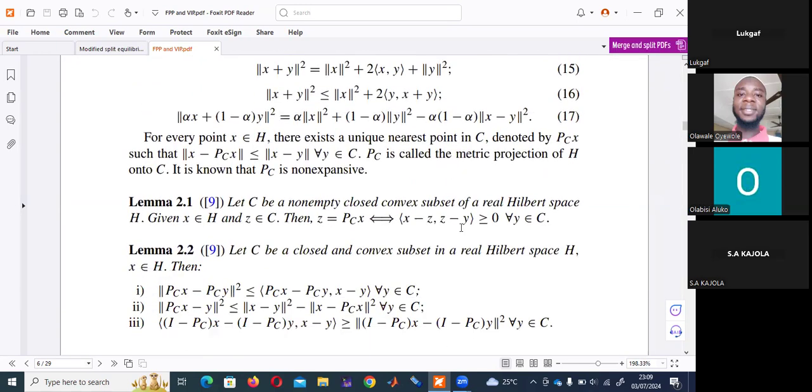So PCX minus PCY all squared is less than or equal to PCX minus PCY, comma, X minus Y. Can you see that? PCX minus PCY, comma, X minus Y. Take note.